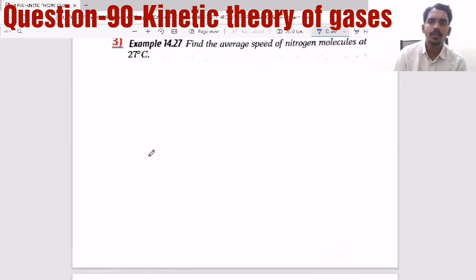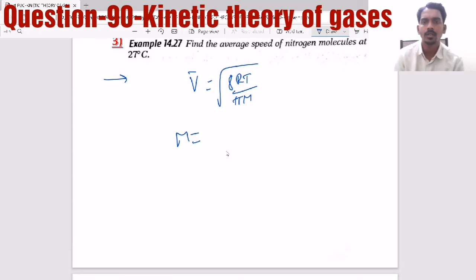Now find the average speed of nitrogen molecules at 27 degrees Celsius. So V average means under root 8RT by pi M, where M is the molecular mass. Nitrogen means atomic number 7, mass 14, so 28 into 10 power minus 3 is the molecular mass of N2.